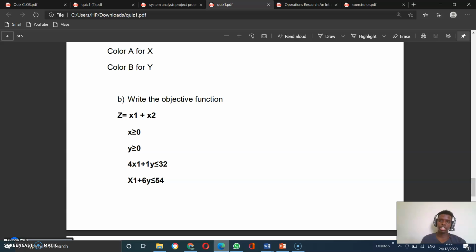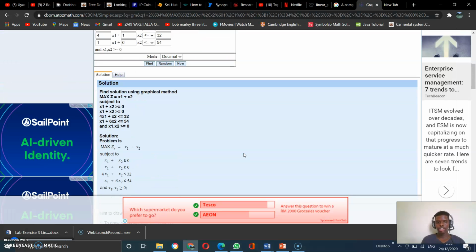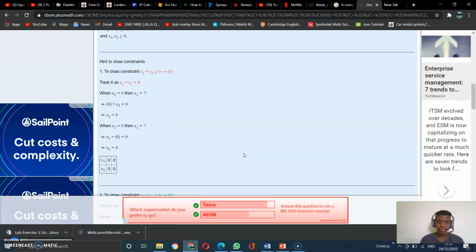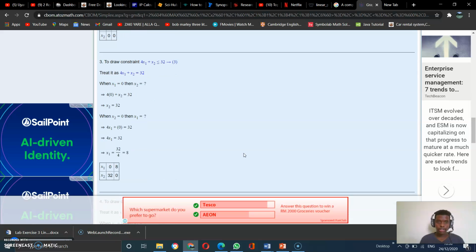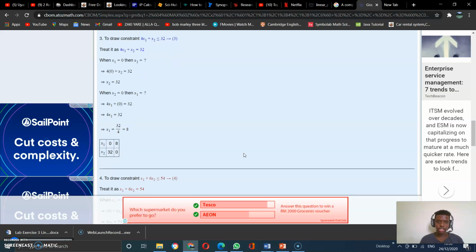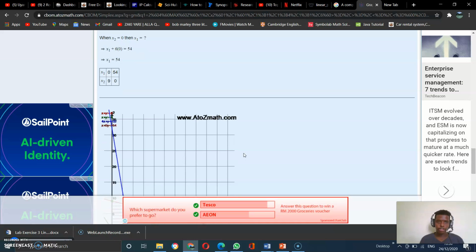So I draw the constraints, and it's there.